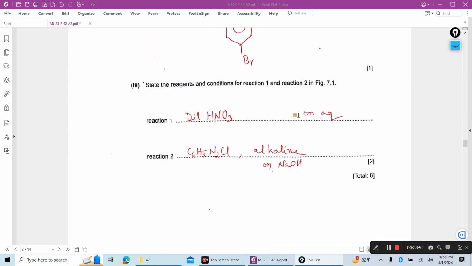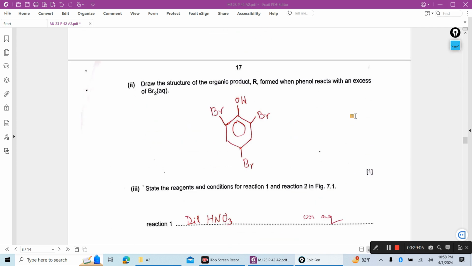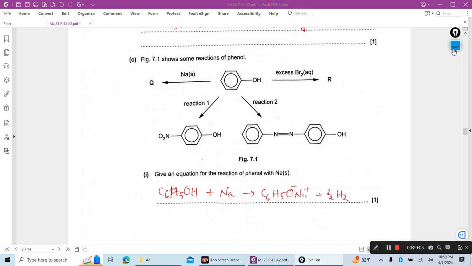Then state the reagent and condition for reaction 1 and reaction 2. Reaction 1, dilute nitric acid, because you see phenol gives 4-nitrophenol. The nitro group is produced from nitric acid.